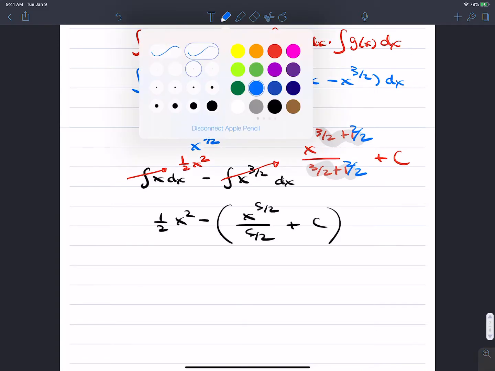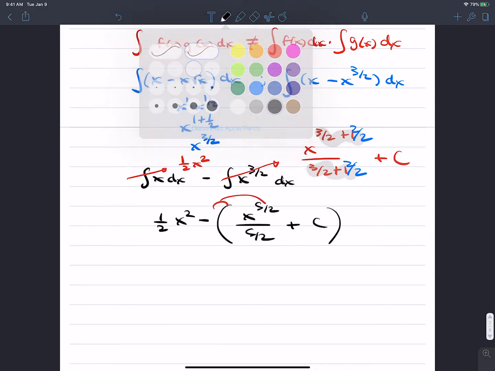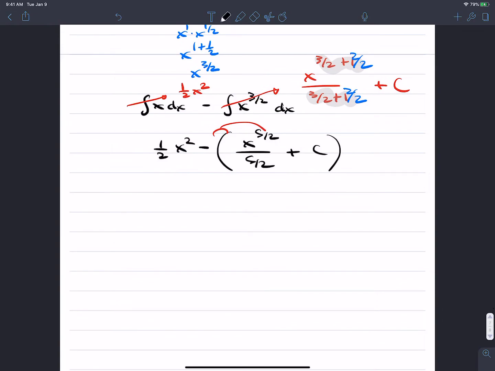Now, technically, yes, you distribute. So you're going to get 1/2 x squared minus 2/5. This is a reciprocal. Do you understand what we just did? If you divide by a fraction, do you remember?